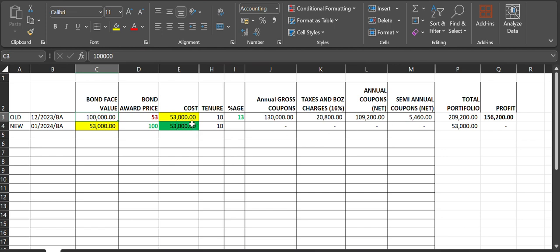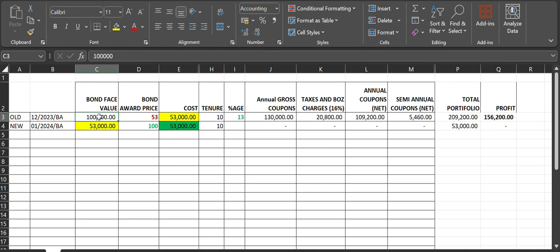Let's summarize. You deposited in your account at the bank 53,000 kwacha, and that was what was debited when you were awarded this bond of 100,000 kwacha. From your 53,000 kwacha, which was debited from your account and went to BOZ, you were given a 100,000 kwacha bond.